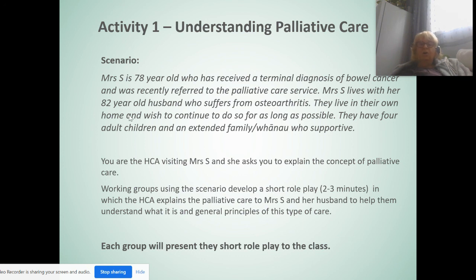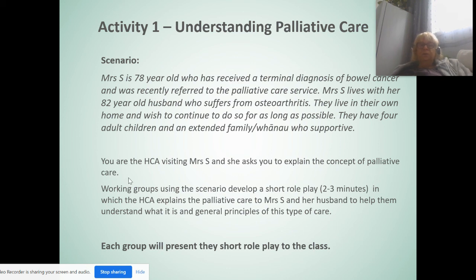They live in their own home and wish to continue to do so for as long as possible. They have 4 adult children and an extended family who are supportive. You are the HCA visiting Mrs. S, and she asks you to explain the concept of palliative care.